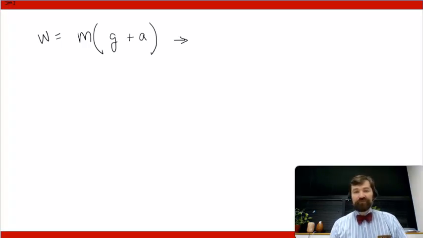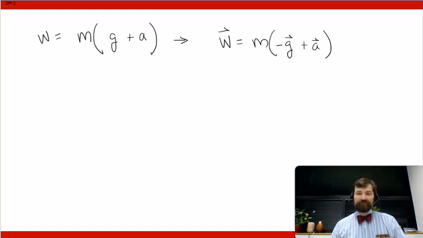So in vector form, we might say that W is equal to mass times negative of g plus a. g again is oriented downward. a, when it's positive, is oriented upward.